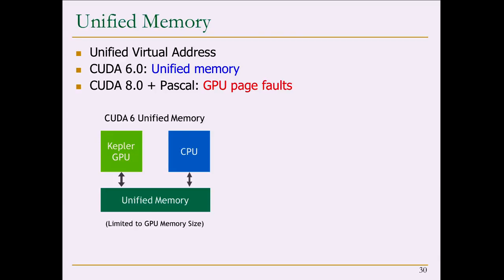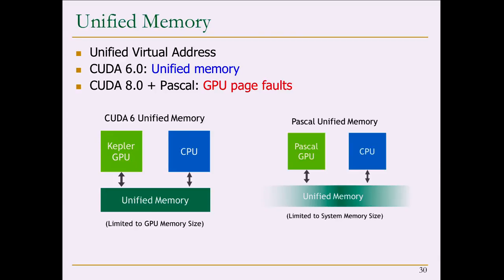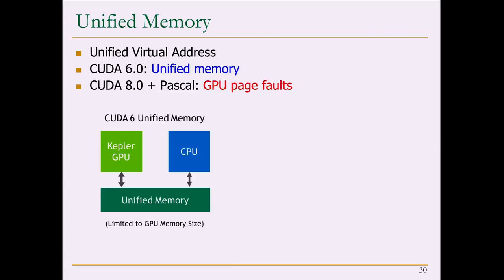The unified memory appeared in CUDA 6.0 with the Kepler architecture, probably in 2012 or 2013. Essentially, in the beginning it was just an additional layer that freed the programmer from doing this double allocation and these transfers.